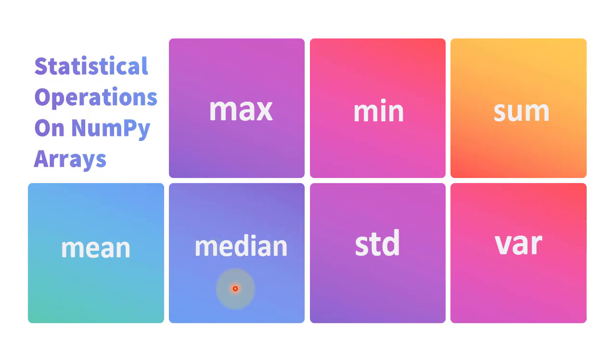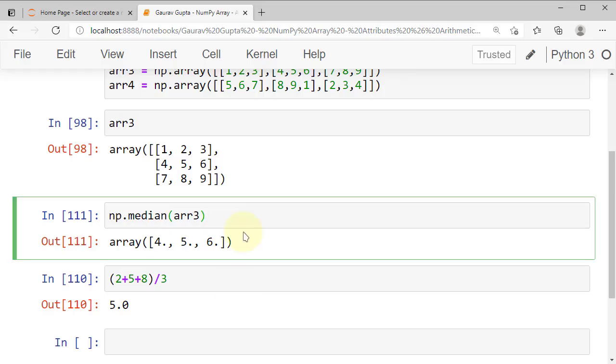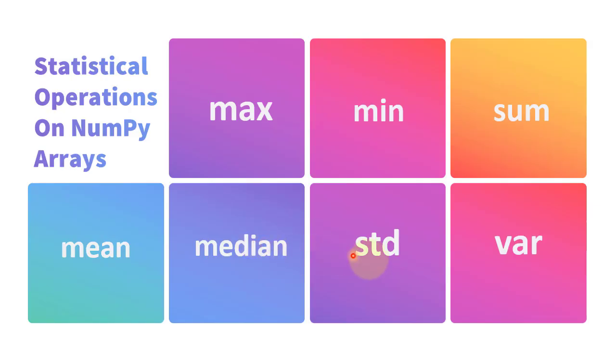Then we have median. So what we can do, we can type median and press enter. It will find the median of the values. Similarly, I can put axis over here and it will give me the median according to the axis. Then we have standard deviation and variance.